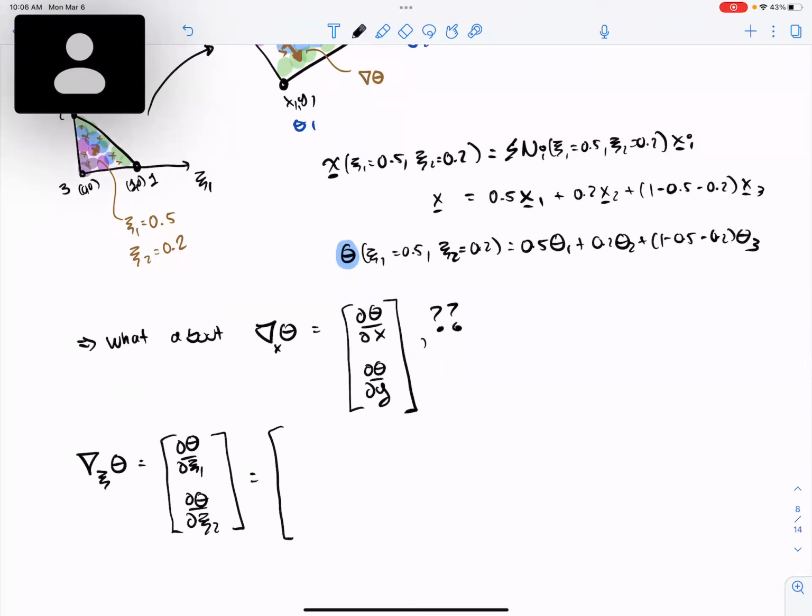What is the gradient of theta with respect to these psi coordinates? Well, it's just the sum of the derivative of the shape functions with respect to xi1, theta I, and the sum of the derivative of the shape functions with respect to xi2, theta I.